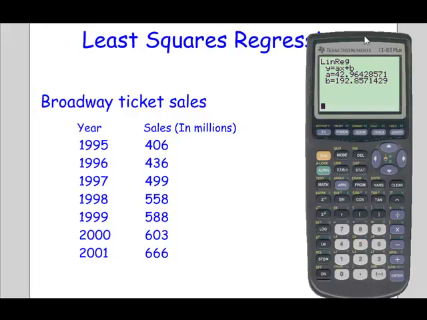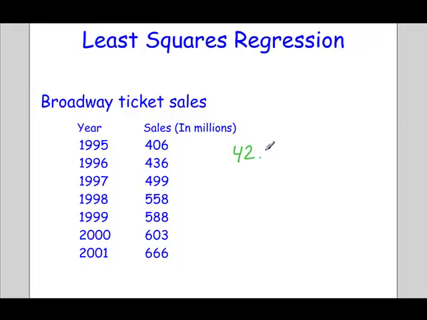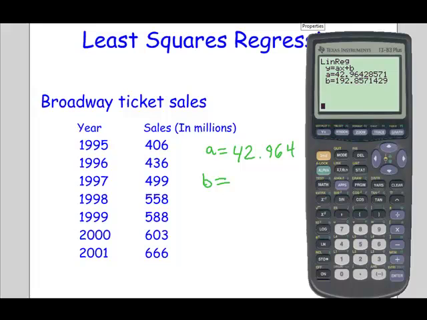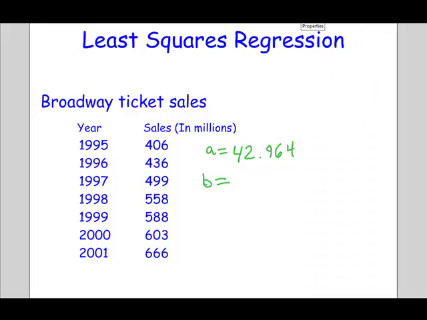Alright, so I'm going to go ahead and write that down. 42.964 for A, and B equals 192.857. So then we know our line is going to be 42.964x plus 192.857.